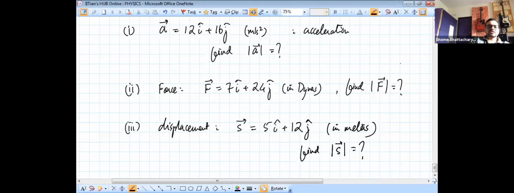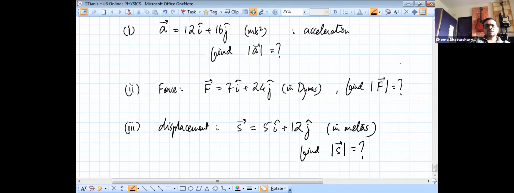Second one is force in dyne. Dyne, as you know, is the CGS unit of force. Newton is the SI unit. Dyne is the CGS unit. Correct, Ashok.